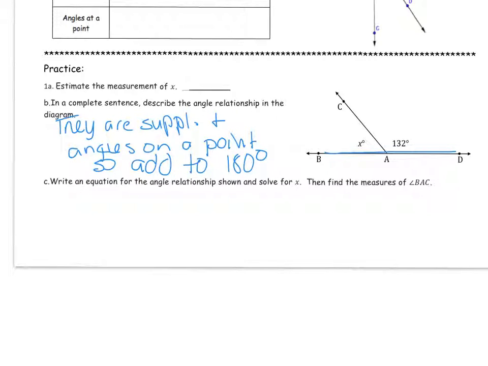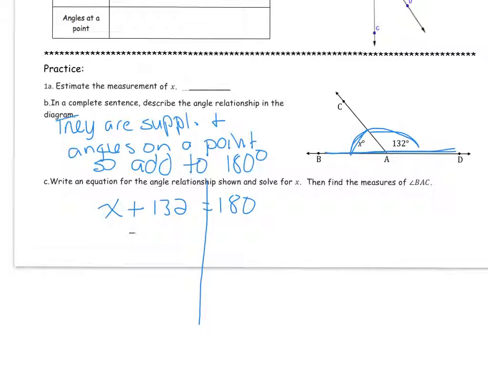So now we know that the sum of this angle measure plus this angle measure equals 180. So this is a really easy equation to write. X plus 132 equals 180. And then we can solve that equation.